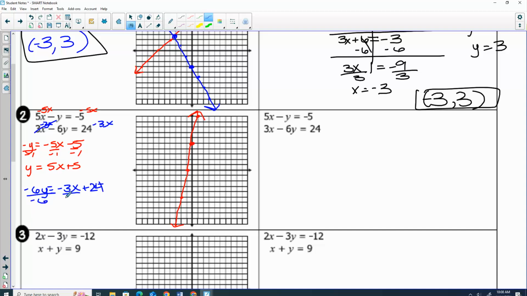So I divide everything by negative 6. So y equals negative 3 over negative 6 is a positive 1/2. 24 over negative 6 is negative 4. So we start at negative 4. Slope is a 1/2. So up 1, right 2. I need to go down 1 and left 2.